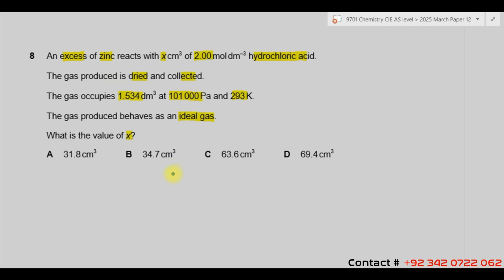Let's first write down the balanced equation. So we have zinc, Zn, reacts with HCl. So metal plus acid forms salt, zinc chloride, and releases hydrogen gas, H2. We have Zn balanced, chlorine is 2, so we can write 2 over here, hydrogen is also balanced.